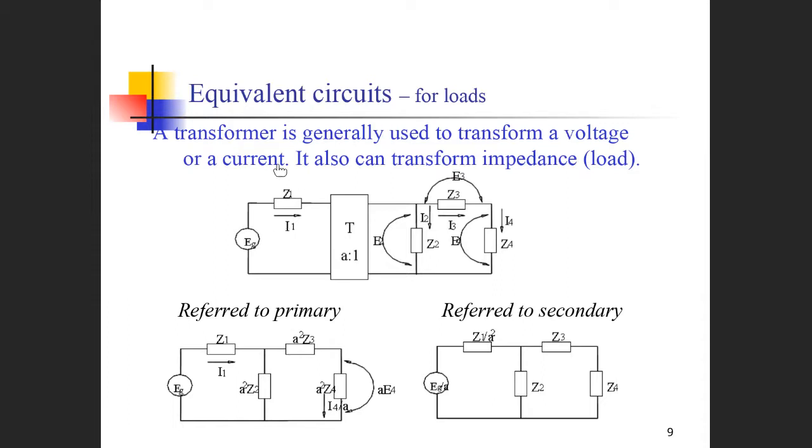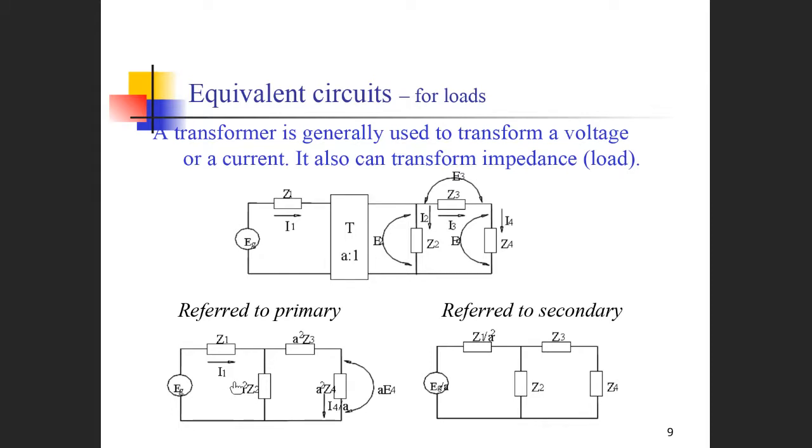Primary can belong to Z1, secondary can belong to Z3 and Z2 and so on. Then we see how to make the equivalent circuit. First, we can refer to the primary.